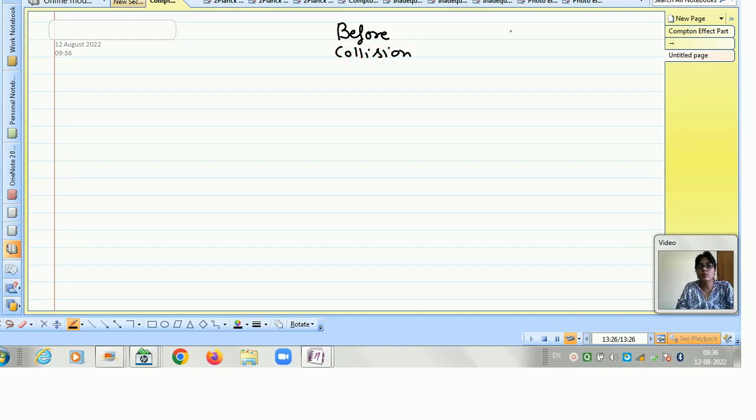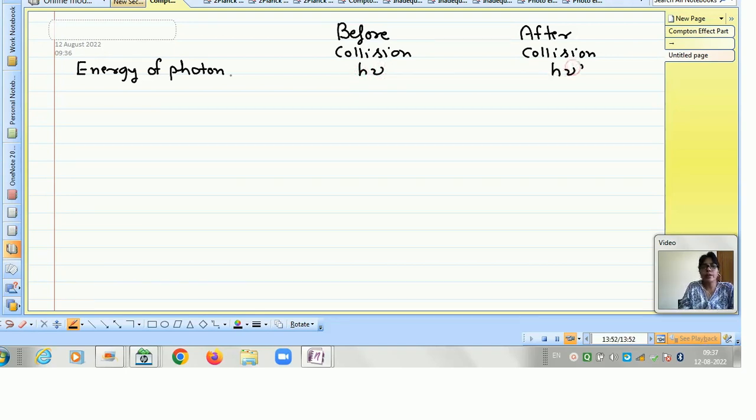And what are the values after collision? After collision. So let us list all these values. So first is the energy of photon. Before collision, the energy of photon is h nu, and after collision this energy is h nu dash.